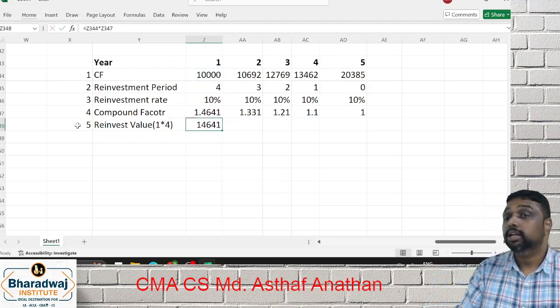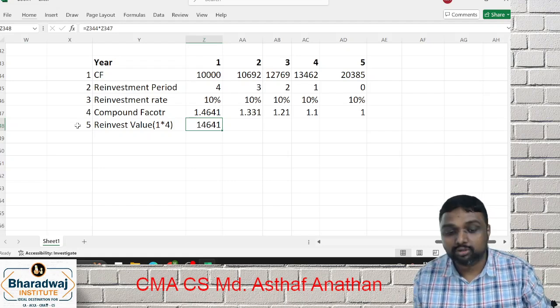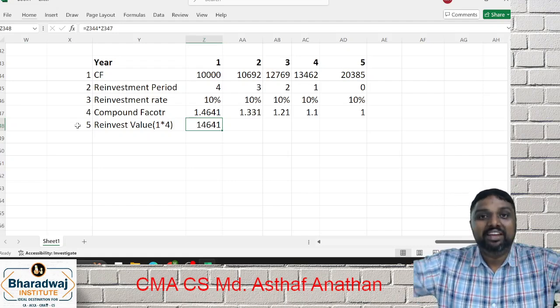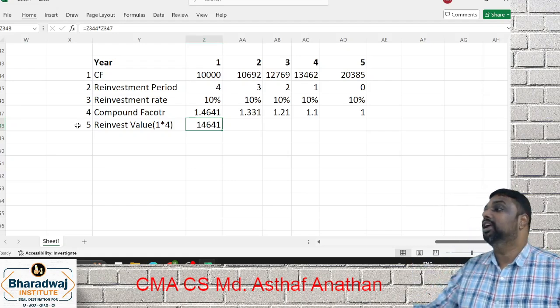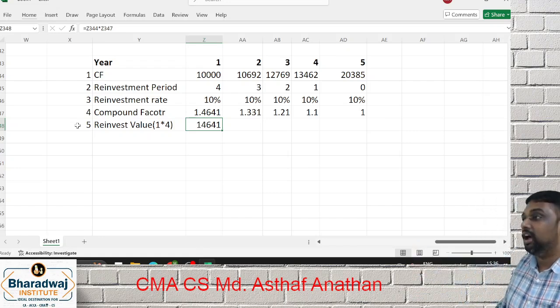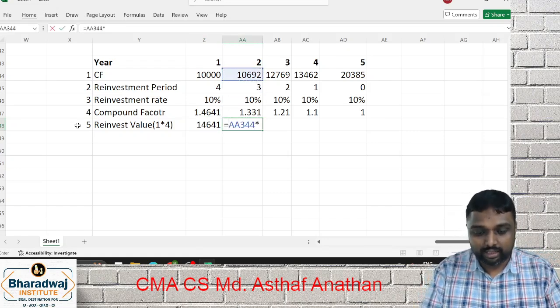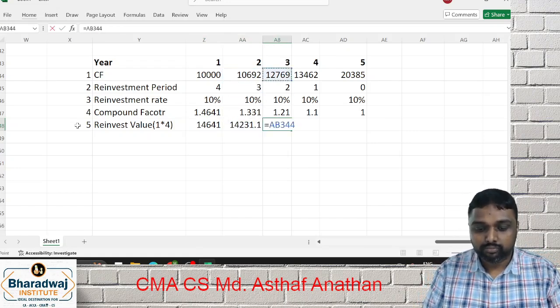This is the compound. This you can get in another method also. Take your calculator, 10,000 plus 10%, 10%, 10%, 10%. You will get in 4 years the same amount. That is the logic. For your understanding, I'm telling the logic. Clear or not? Mathematically, this is the logic.